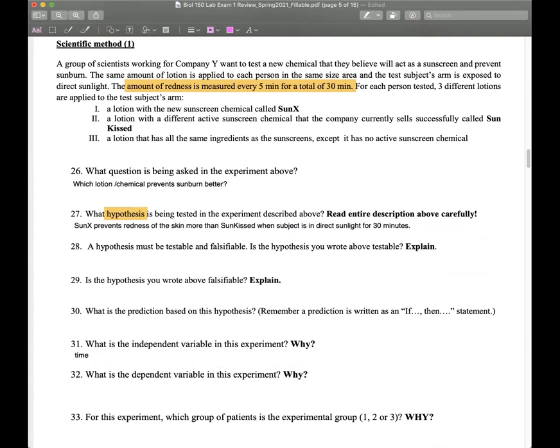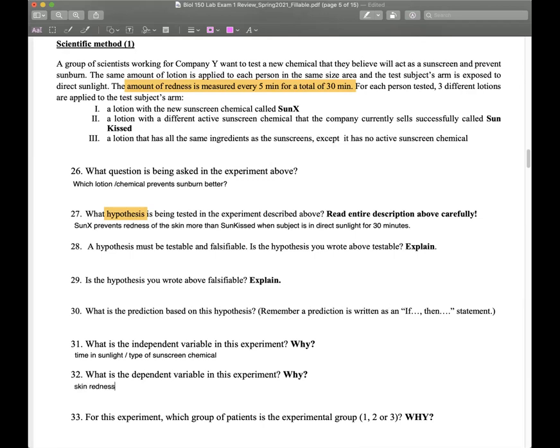So yeah, I guess one of the independent variables, one of the things that we are controlling here, is time in the sunlight. Another one is what? Yeah, type of sunscreen. Thank you, Reem. Type of sunscreen chemical. And then the dependent variable is what we are measuring, which would be the redness of the skin.